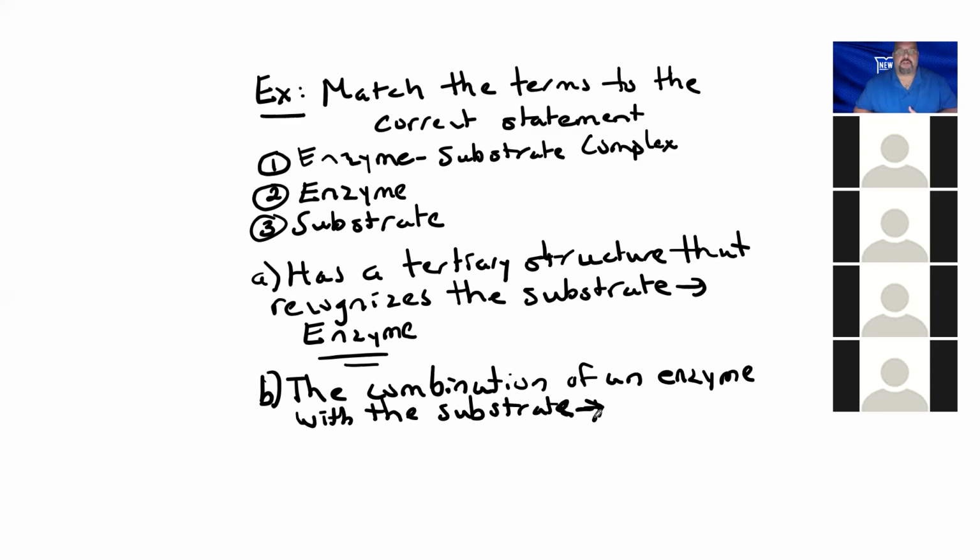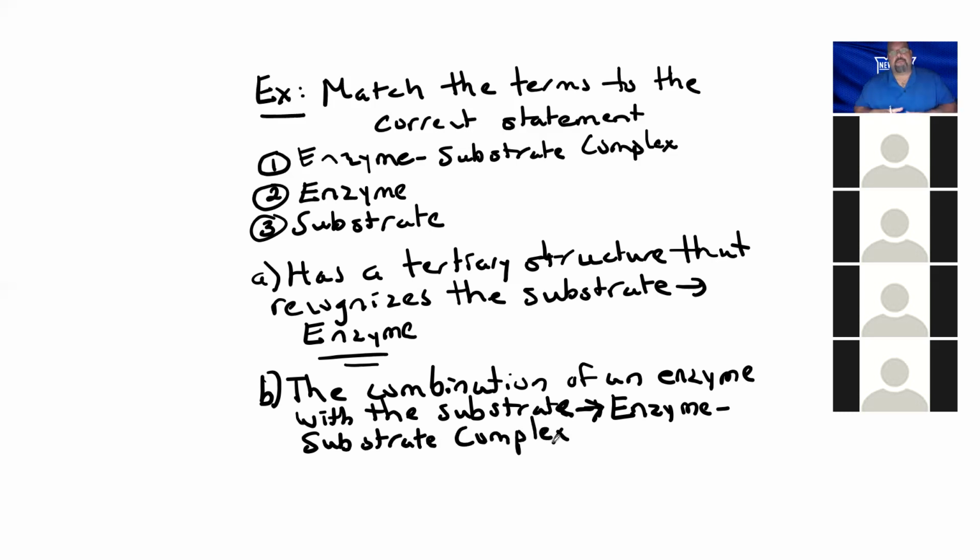The combination of an enzyme with the substrate. So we know that an enzyme will only work when the substrate becomes bound to the active site on the enzyme. And when the substrate is bound to the active site on the enzyme, you have what is known as an enzyme substrate complex.